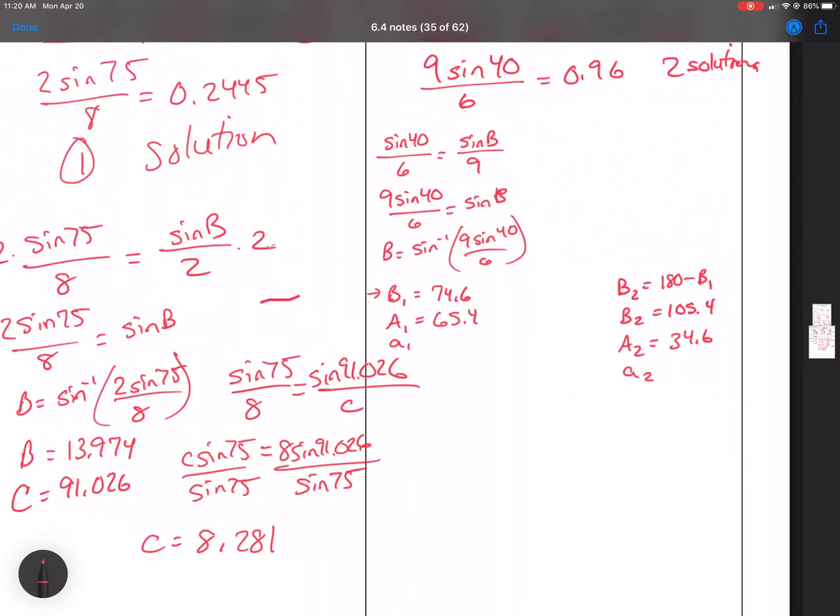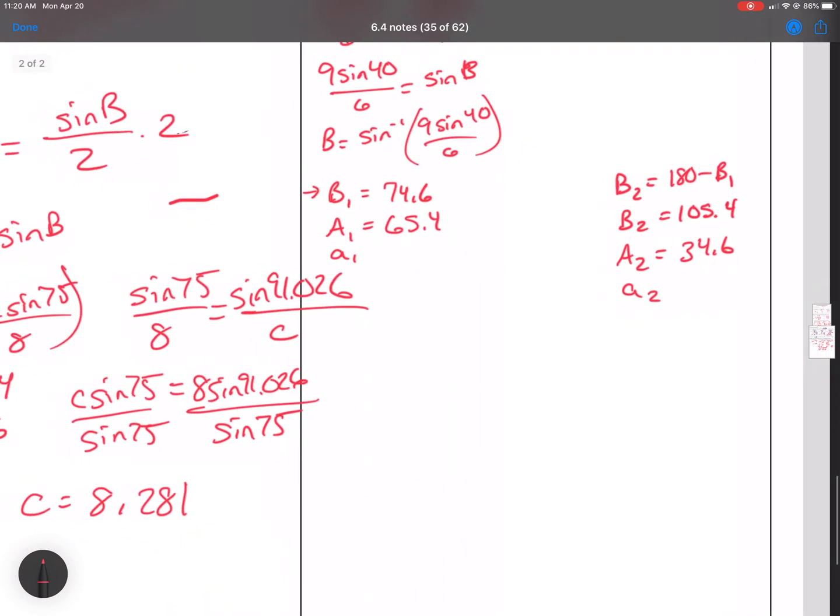So we'll use our law of sine to do that. So sine of 40, which is C, over 6 equals sine of 65.4 over a1. And then we'll go ahead and set this other one up, sine of 40 over 6 equals sine of 34.6 over a2. So we'll go ahead and solve for these.